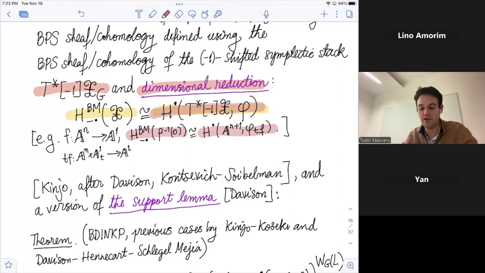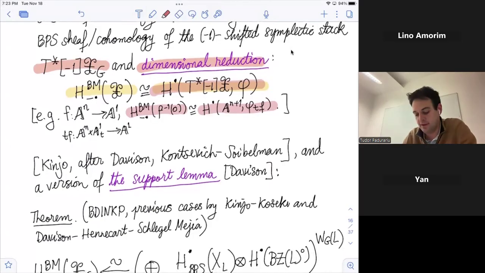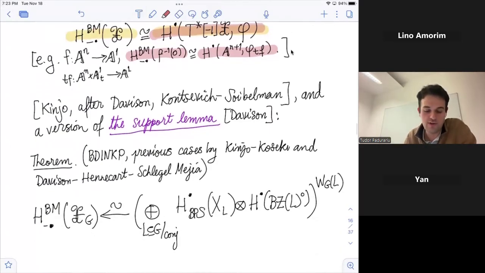This is what I mentioned last time, this loop that we add when we take this -1 shifted cotangent, that this has the same eigenvalues. So this is called the support lemma. So we combine this, and then we also prove a version of our theorem for zero shifted symplectic stacks.